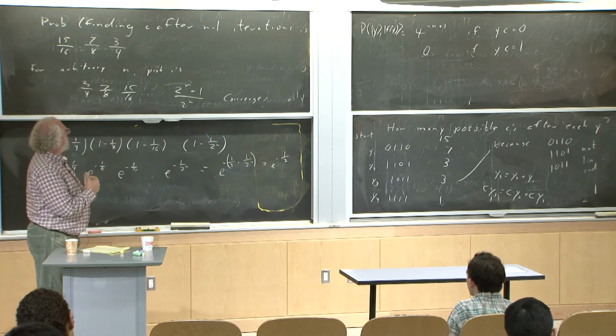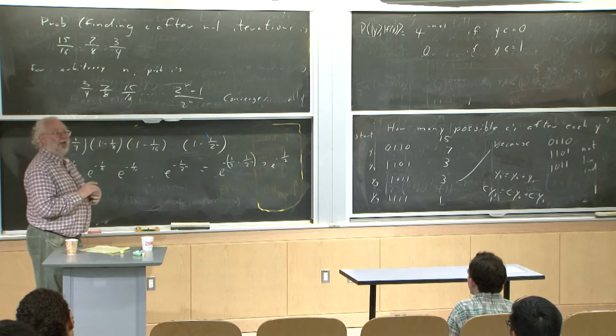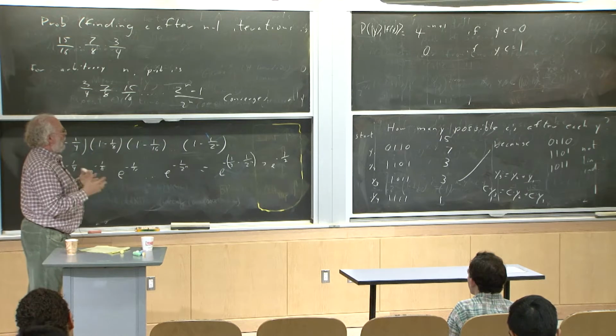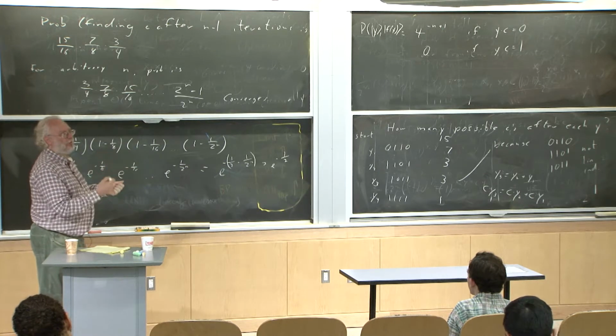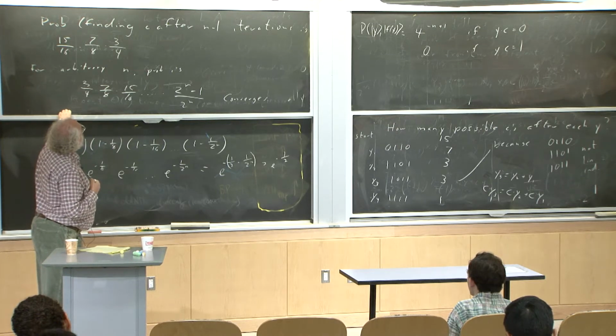So I won't do any more probability of success, but it's possible to show that this algorithm succeeds, and the expected time it takes is not much more than n iterations.